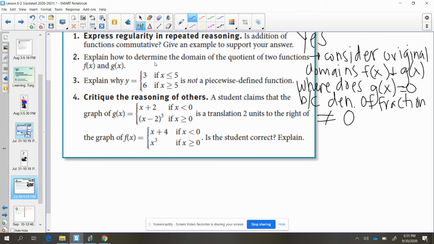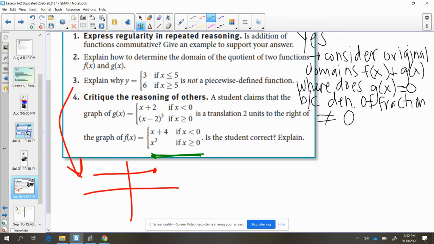Okay, so those are the 2 things you want to take into consideration when looking for those domains. Number 3, why is this not a piecewise defined function? Well, for number 3, you're probably at first like, oh, this is a defined function because these are both horizontal lines and they turn over here at 5. Are horizontal lines functions? Well, normally, yes. You can have just these two horizontal lines.